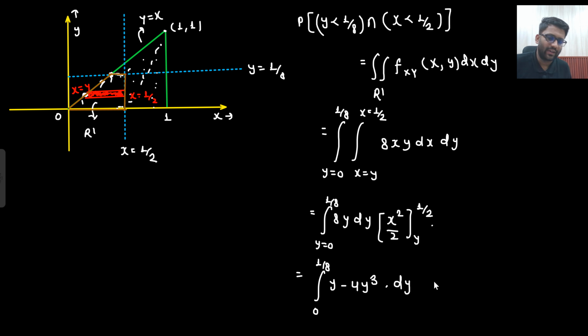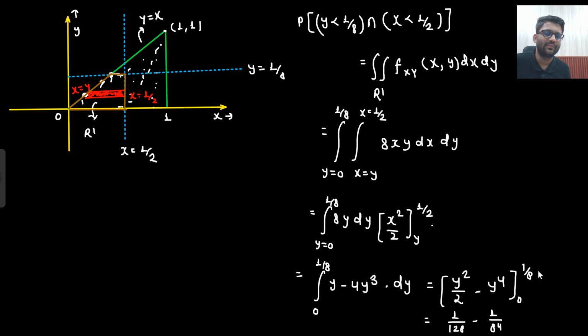Yeah. So what you are getting now? Y square by 2 minus y to the power 4 divided by 4, so the 4 will get cancelled, from 0 to 1 by 8. I will just solve it using the calculator, okay?